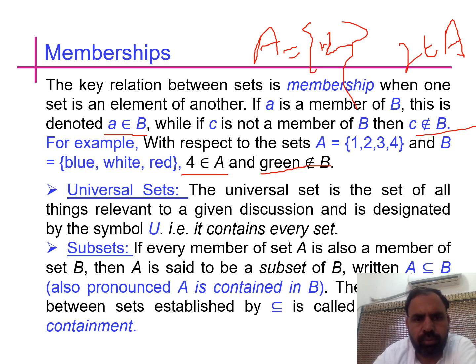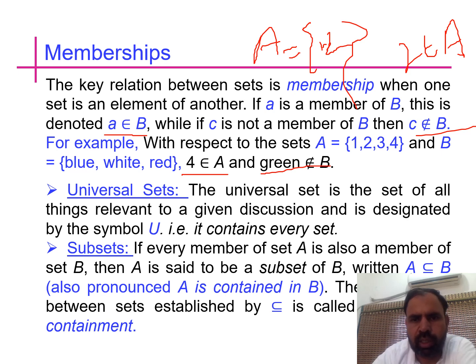Subsets. If every member of a set A is also a member of set B, then A is said to be a subset of B. For example, if there is a chairman and the employees are working under his leadership, then the employees are the subsets of that chairman.